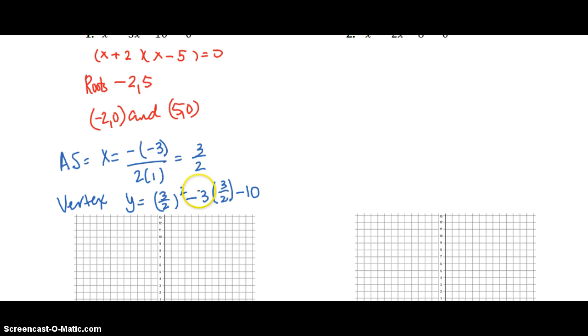I'm going to punch all that in my calculator, and y equals negative 12.25. And instead of saying 3/2, let's say 1.5. So our vertex is at 1.5 and negative 12.25. So there's your vertex.